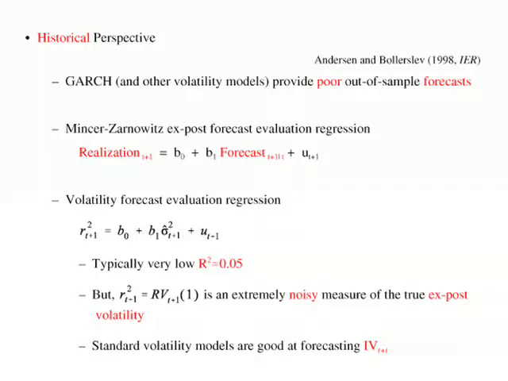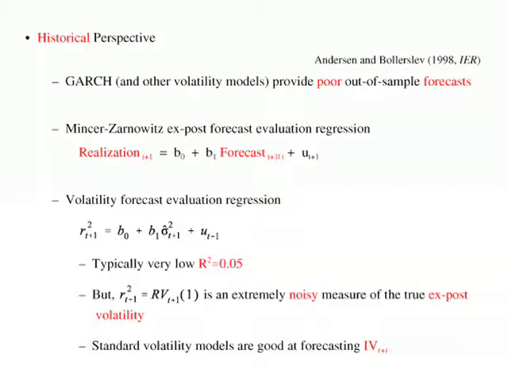A lot of these papers appearing in the finance literature that said volatility models really weren't any good were based on regressions of this sort up here, which in macroeconomics are often called Mincer-Zarnowitz style regressions. In macroeconomics, people ask whether a particular macroeconomic model provides a good forecast of, say, GDP growth. You take the forecast from the model and regress the subsequently realized GDP growth on the forecast, and if your model is any good, you should find a coefficient of 1 there and a coefficient of 0 there.